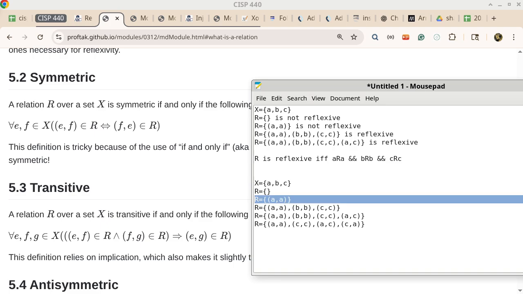Is this one transitive? The answer is yep, it is transitive. Because when the three variables involve anything else, the answer is going to return true. In other words, if any one of E, F, G is not A, then we know the condition that we are evaluating is guaranteed true. How do we know?